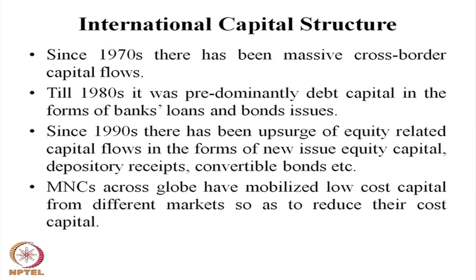You have to link the international beta in the pricing of the cost of equity of an MNC, and this is a source of finance at present for many MNC companies.